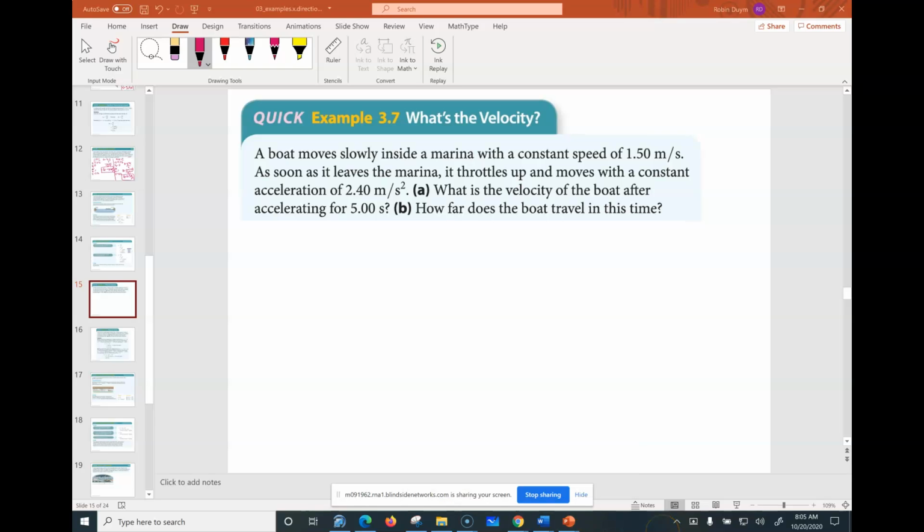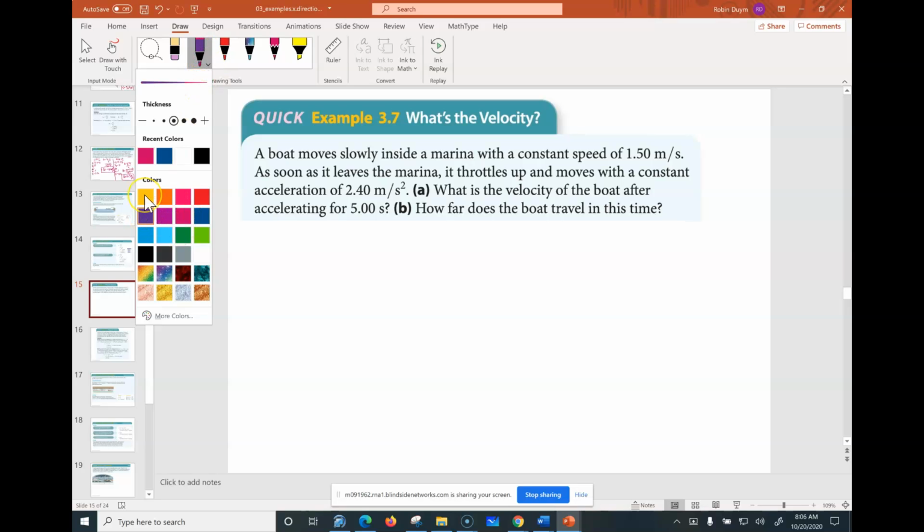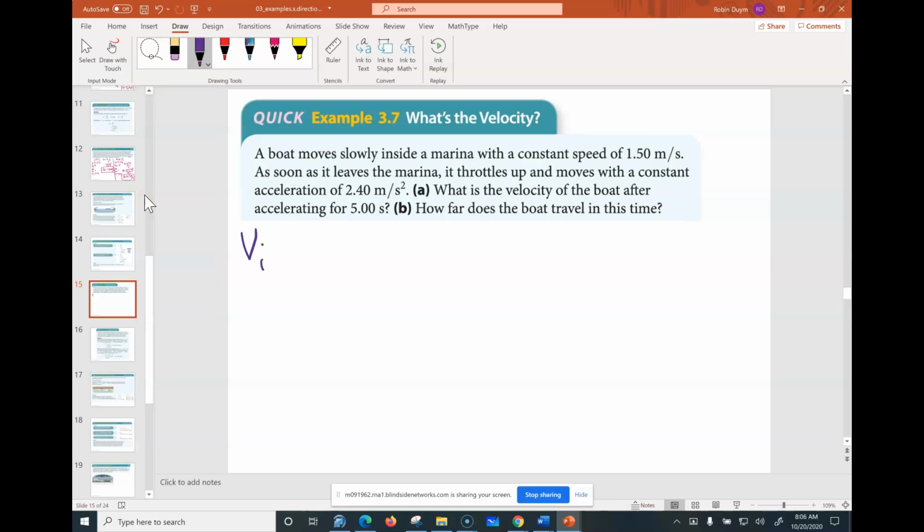I'm afraid to exit. I'll give you a hint. We're still not using displacement yet. We got everything we need. Oh no, they give us this. Hold on.